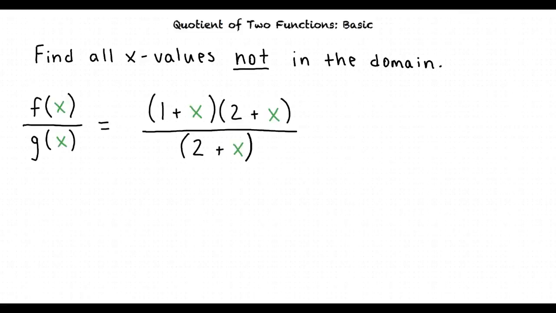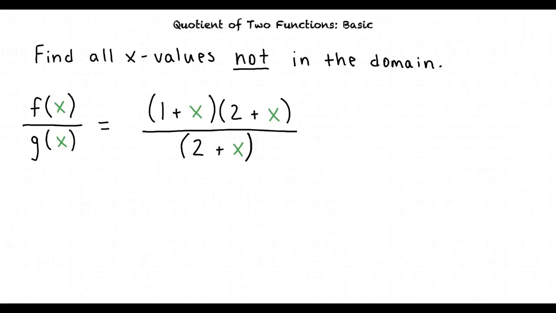Recall that f of x divided by g of x equals the quantity 1 plus x times the quantity 2 plus x divided by the quantity 2 plus x. The numerator is the top portion of our fraction, and the denominator is the bottom portion of our fraction.